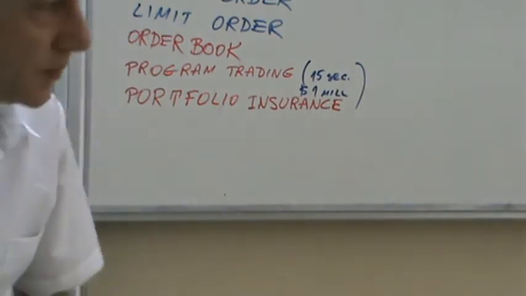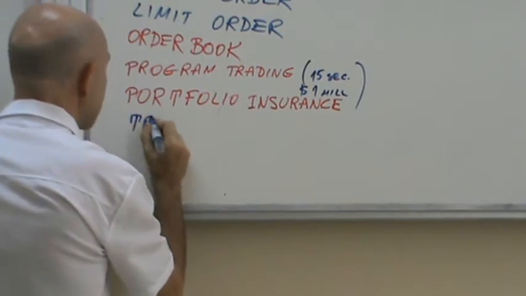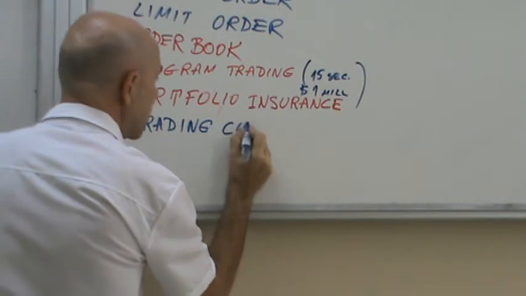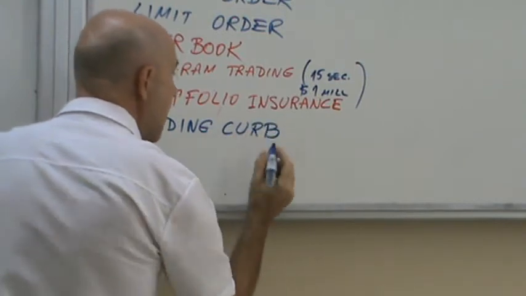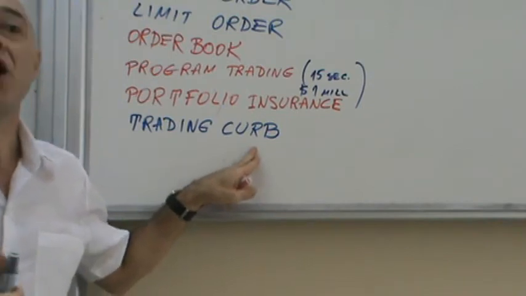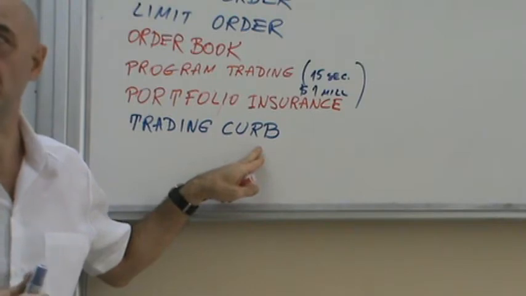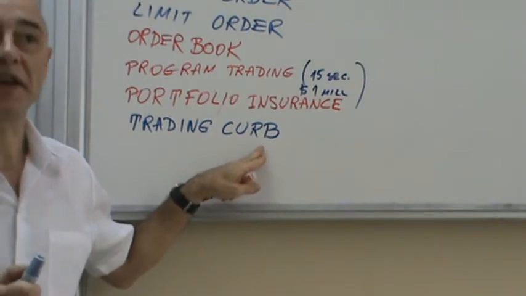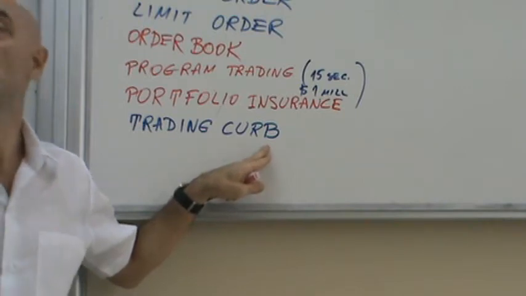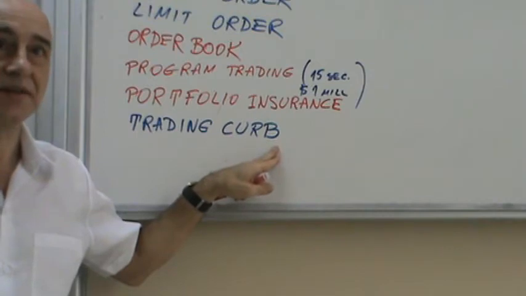All right. Exchanges will introduce what's called a trading curve. A trading curve is a limitation on market trading or restrictions in market trading if the market moves too much, usually on the downside.